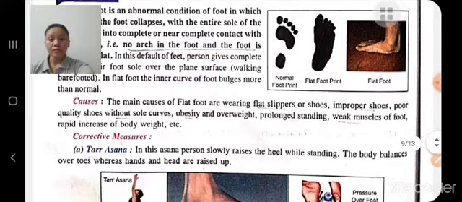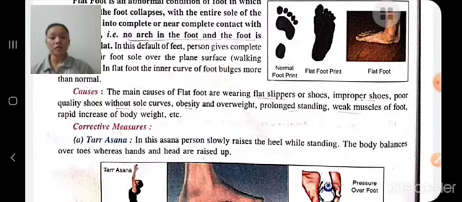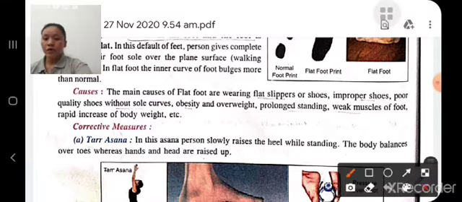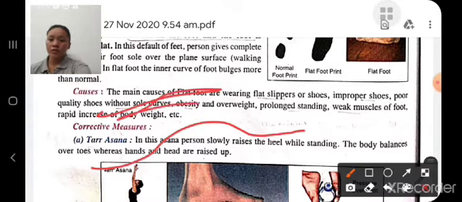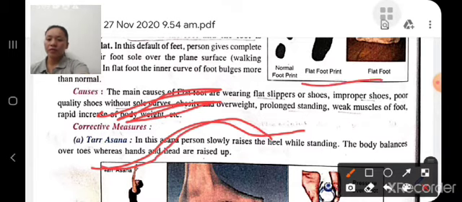Cause of flat foot. The main cause is wearing flat slippers or improper shoes. If the shoes are improper, of poor quality, without a sole, then it may lead to flat foot.